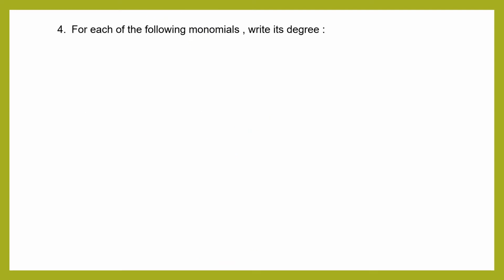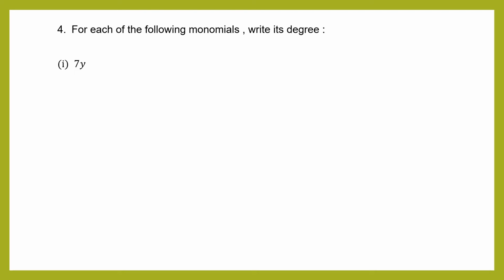Okay, now we move on to degree. Write the degree of the following monomials. What is degree? Degree of a monomial is the exponent of its variable, that is the power of the variable or the sum of the powers. Here we're going to look at the variable which is y and its exponent.